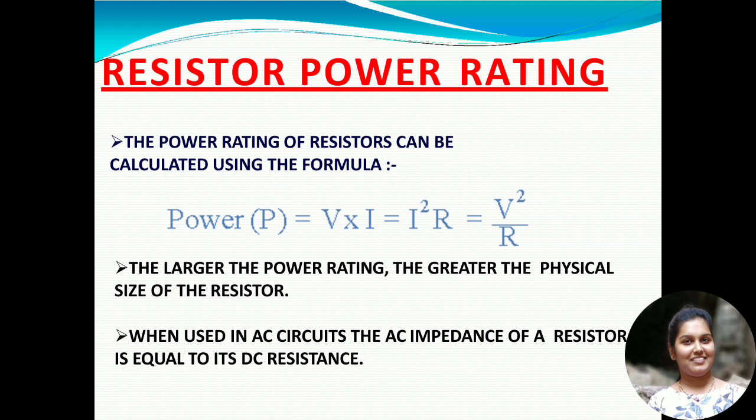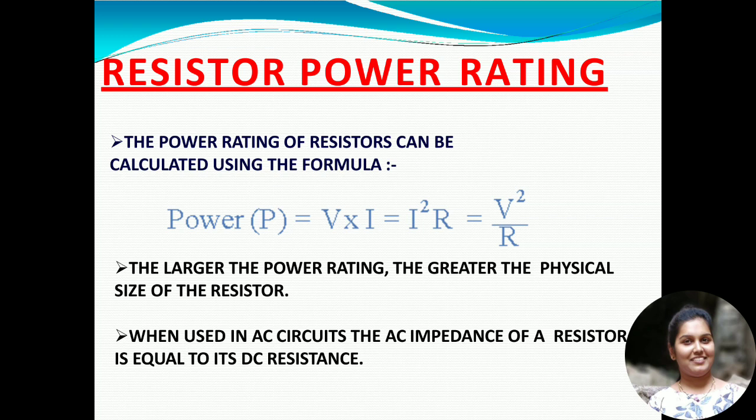Till now we have discussed what a resistor is, the different types of resistors and some basic features of the different resistors available, and later the connections pertaining to resistors.